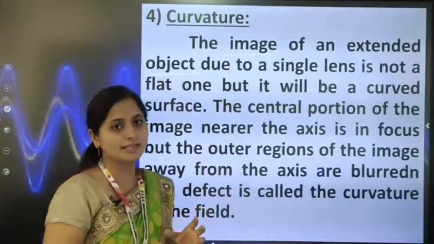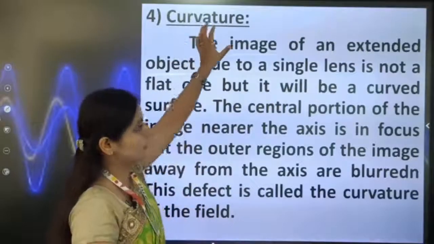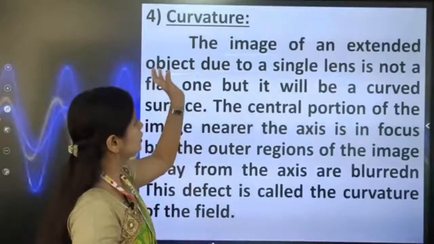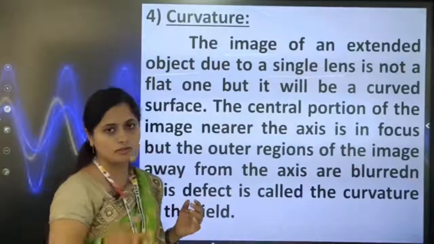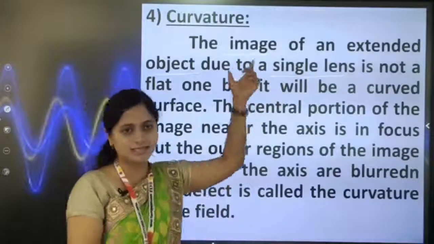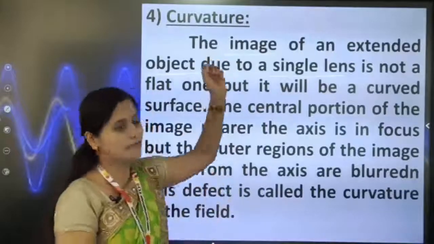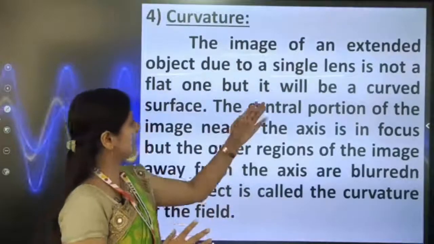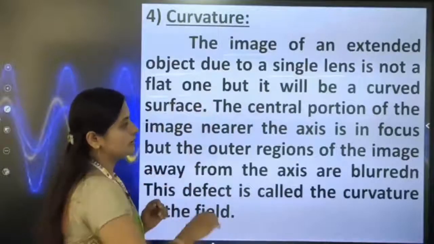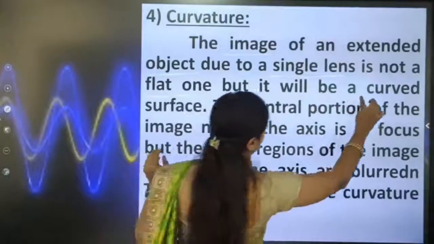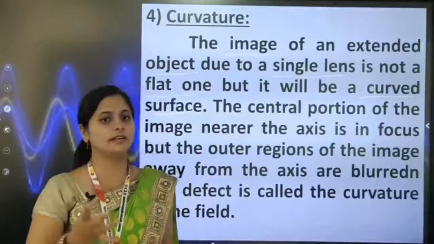When we are extending one object, at that time we are getting one image due to a single lens. By extending that single lens, we are getting one image. So that is what? Not a flat one, but it will be a curved surface.